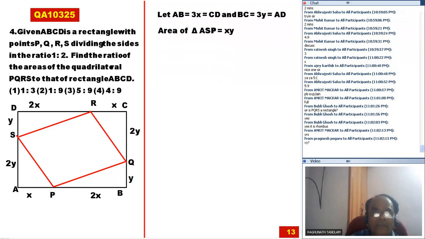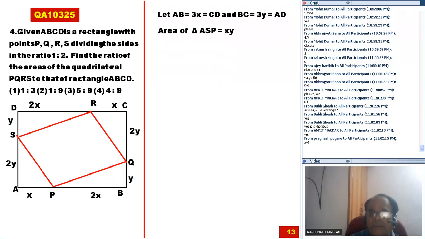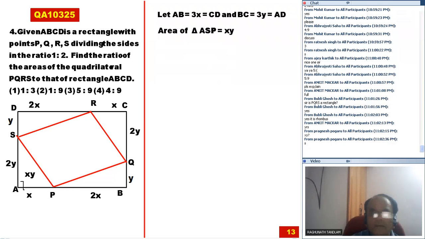So what's the area of triangle ASP? Half base into height. Half of x into 2y. What is this angle? 90 degrees. Half of x into 2y, which is xy. Similarly, all four become xy. Ankit, clear?